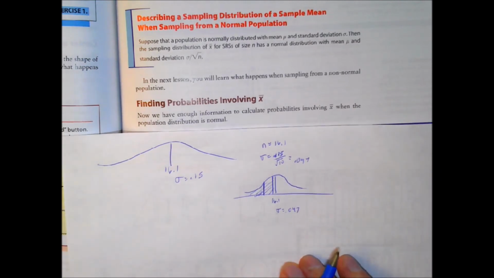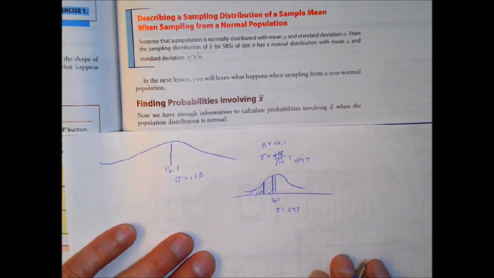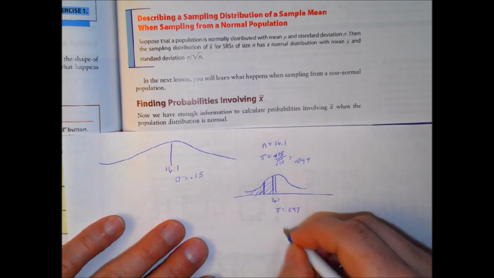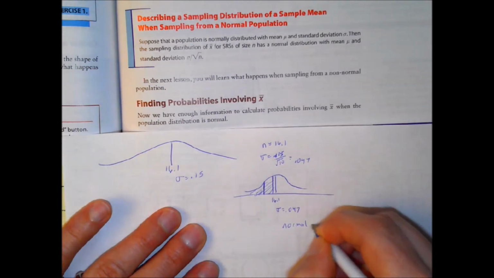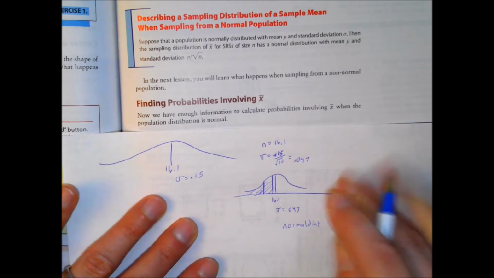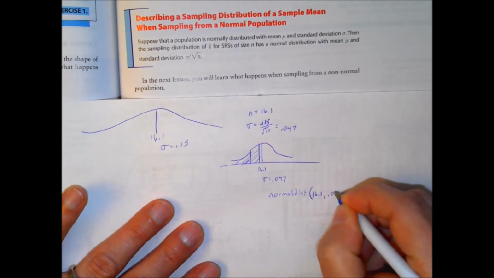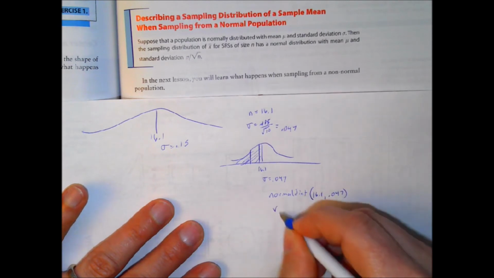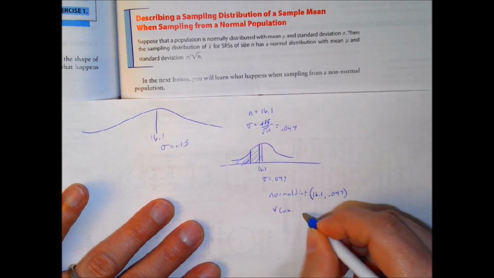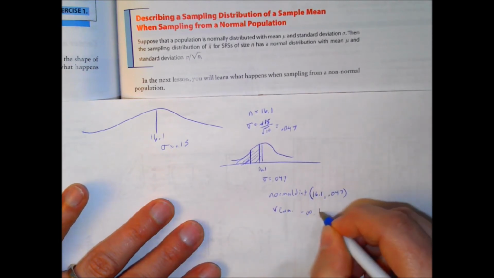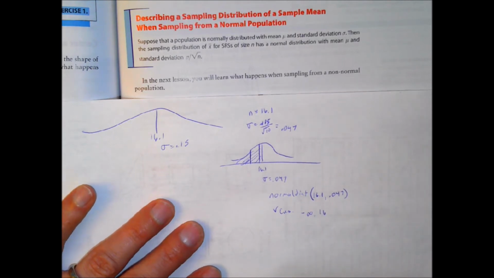So to find that, go to Desmos and choose the normal distribution like we've done other days. Our mean of 16.1, comma, standard deviation of 0.047. Check the cumulative, and we want from negative infinity up to 16.